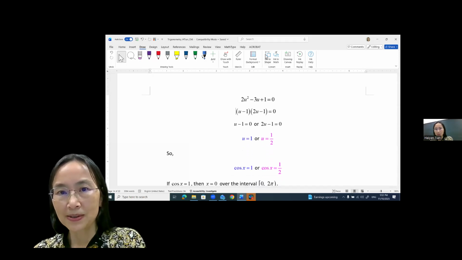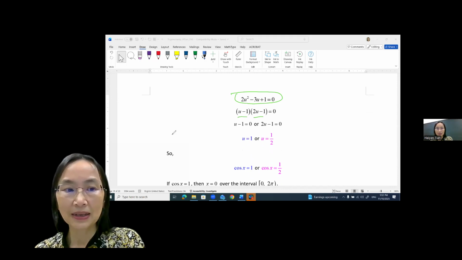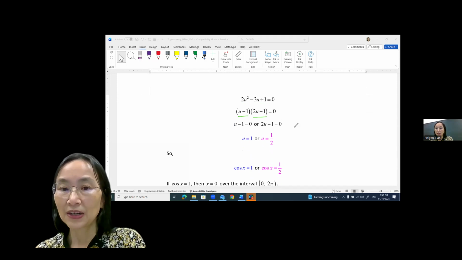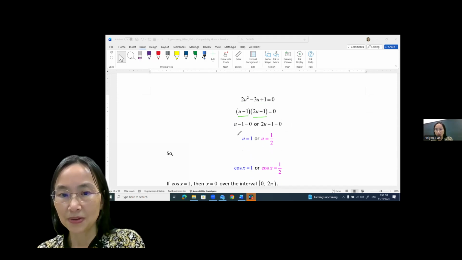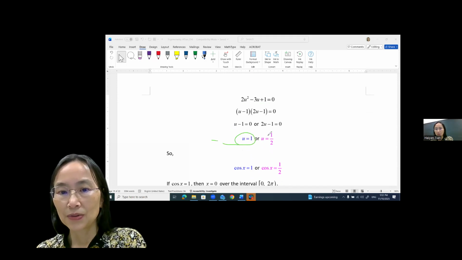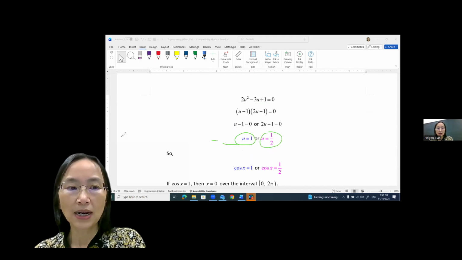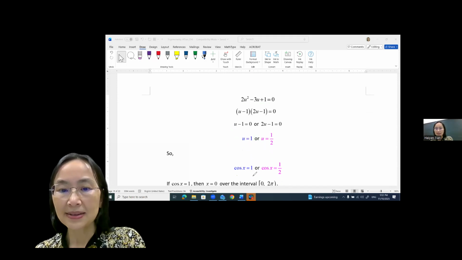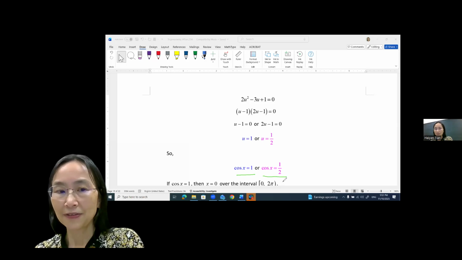As soon as we replace cosine x with a u, then you recognize the quadratic form and you factor it. Because the product is 0, one of the factors must be 0. So either the first one is 0 or the second factor is 0. So we can find values of u. So u is 1 or half. That means cosine x is 1 or half.